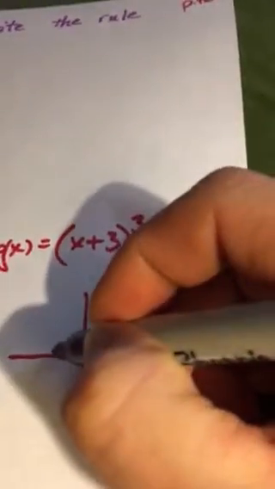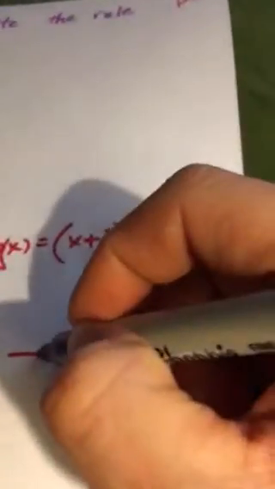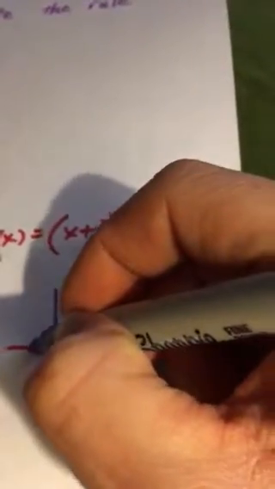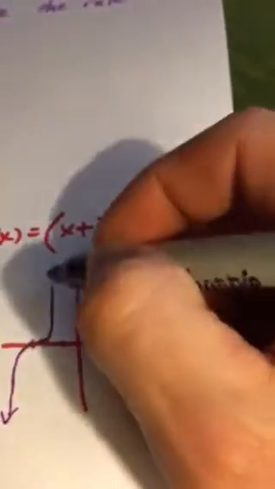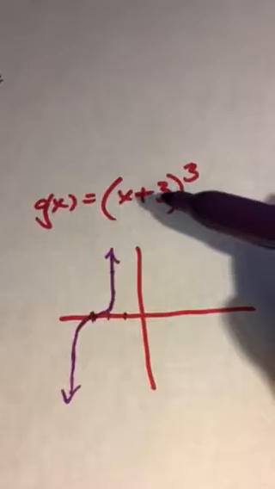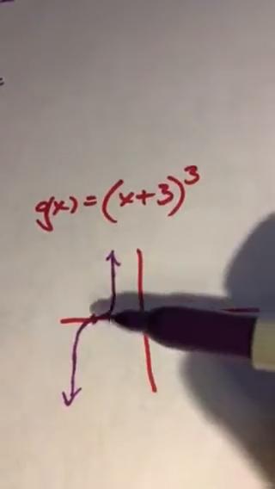So a negative 3. So 1, 2, 3, and then you get something that looks like this going through that point right there. Because you just take the opposite of this positive 3, negative 3, 1, 2, 3.